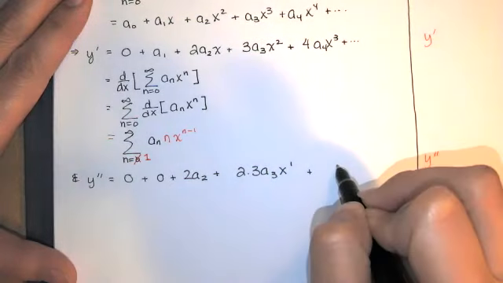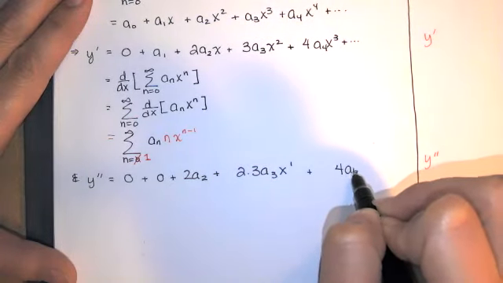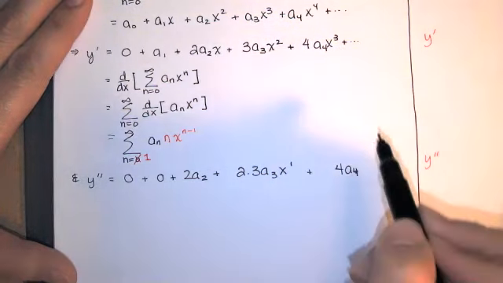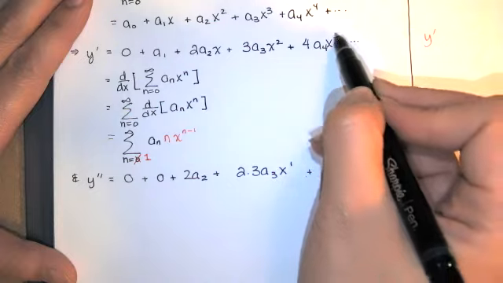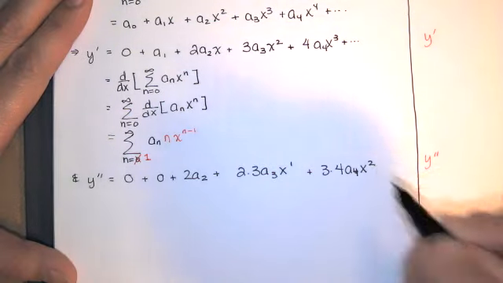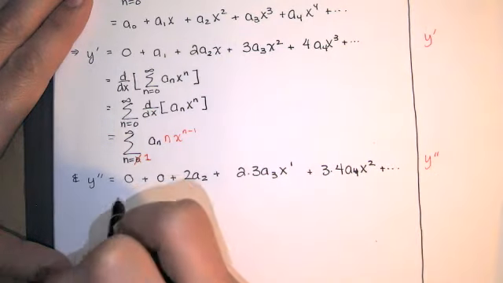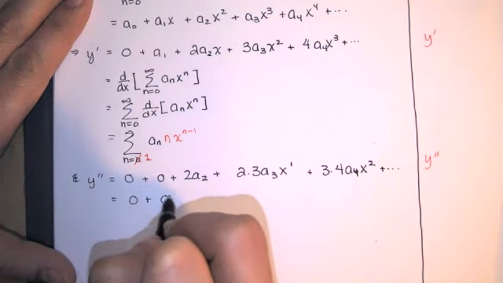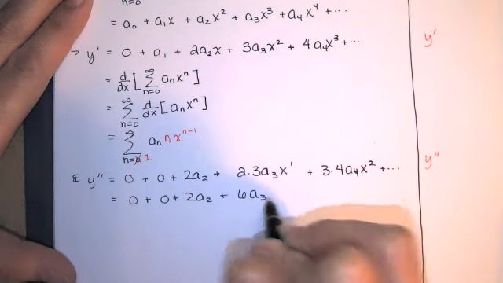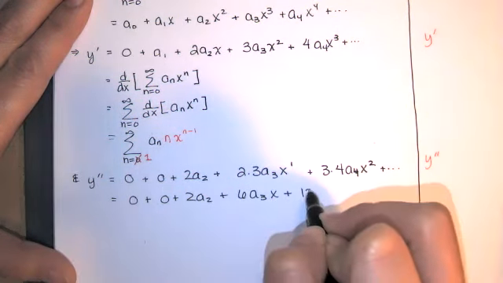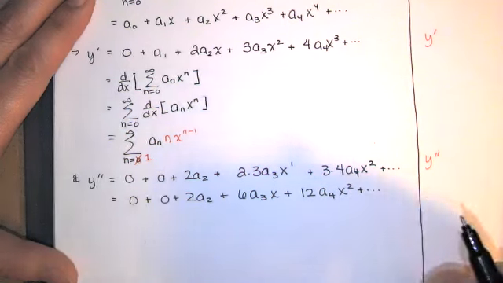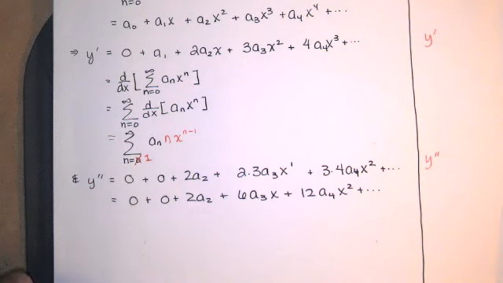Here, I've got a constant times x cubed, so I bring the constant down, then I multiply by the derivative of x cubed. So I bring the power down and I multiply by x to the 1 less power again, and so on. And of course we could simplify that. But again, we want that shorthand notation for this.